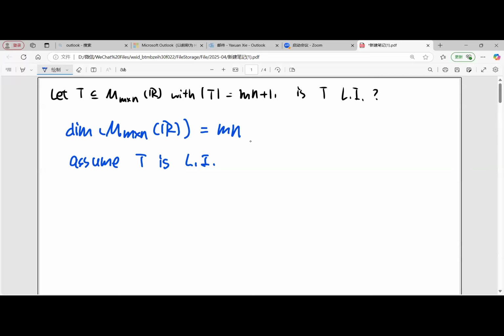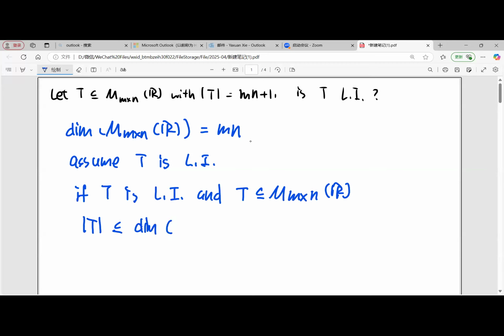And we know, if T is linearly independent and T is in the space of m by n matrices, then we must have the size of T less than or equal to the dimension of this space.